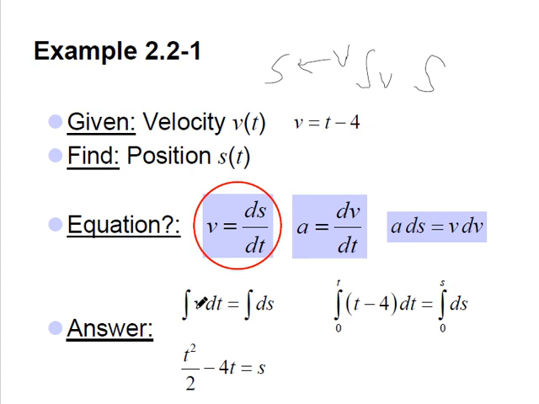So we're going to integrate velocity, we usually write this way. I hope you can see that. All you have to do is put the integration sign here. So you get this dt coming from that side.